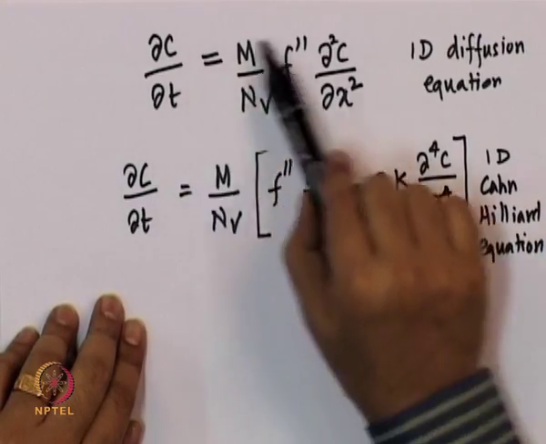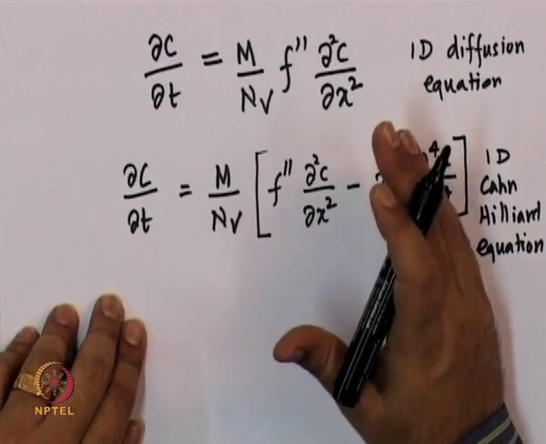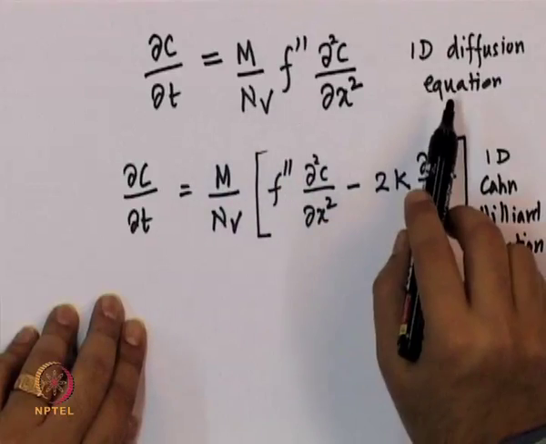So, this is how we got this. We basically had a constitutive law which said that the flux of atoms is proportional to chemical potential gradients, and the constant of proportionality was called mobility, and it had a negative sign because chemical potential gradients are getting evened out. And then we used the mass conservation and we ended up with the 1D diffusion equation.